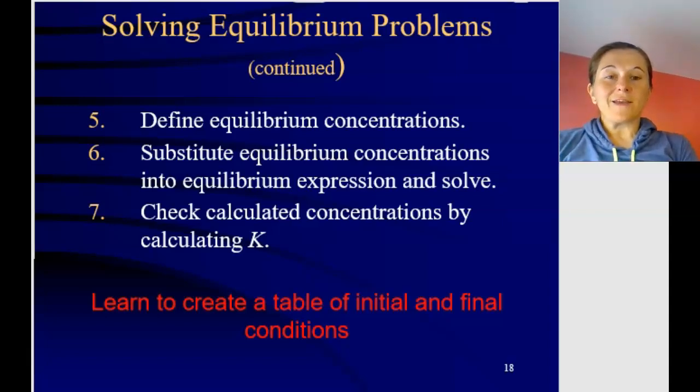So there is a crazy way of doing this. It's called the ICE method. And we're going to take a look at that now. The best way to learn about this is to do it. It's just one of those things.